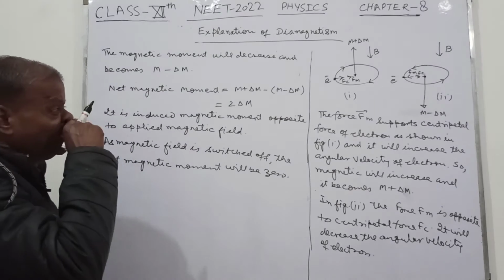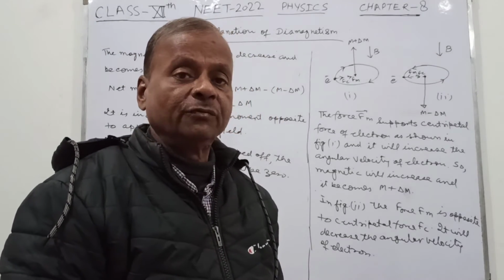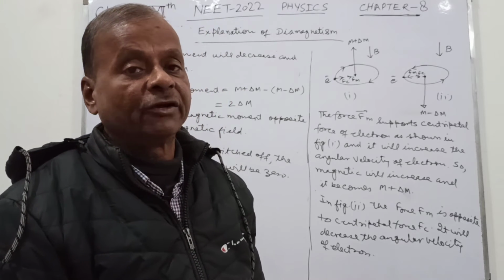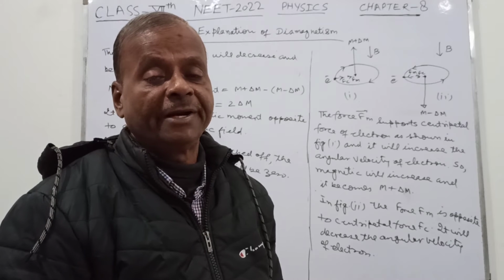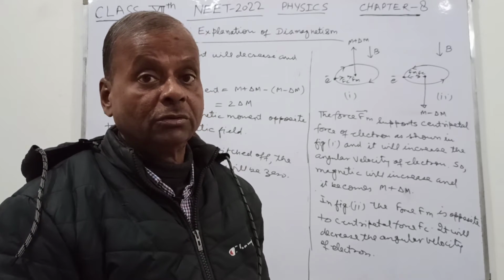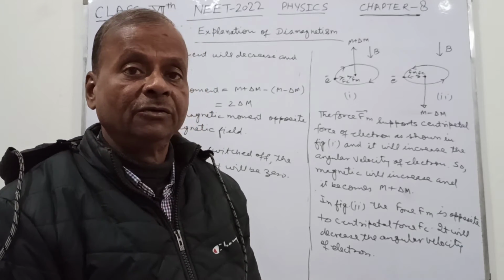So it means that initially they have no magnetic moment, but when the magnetic field is applied, they acquire magnetism, and that is opposite to the applied magnetic field. So they are getting magnetism in the opposite direction of the magnetic field.